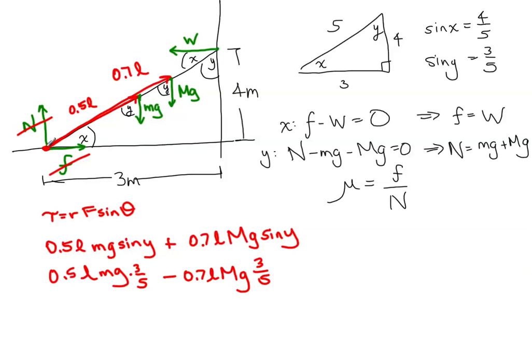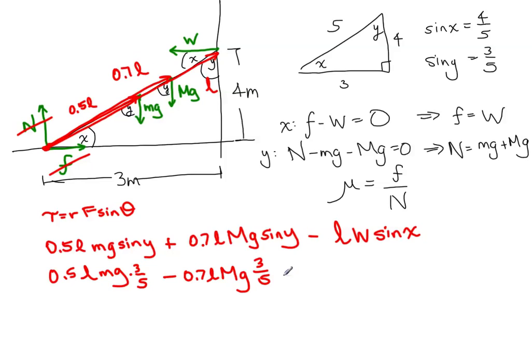And then my last torque, I have this whole distance, which is L, the length of the ladder. So that's L. And I have the force is W, but now my angle is X. So this is going to be sine of X. And this one is pulling the opposite direction from the other two torques, so I'm going to make it negative.